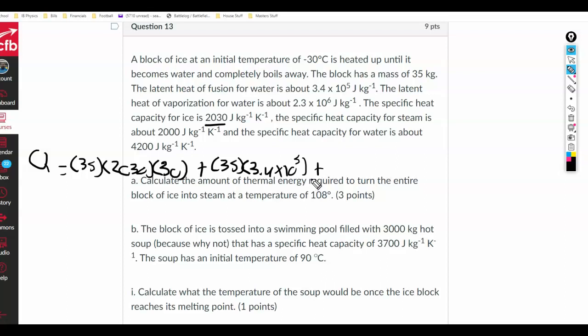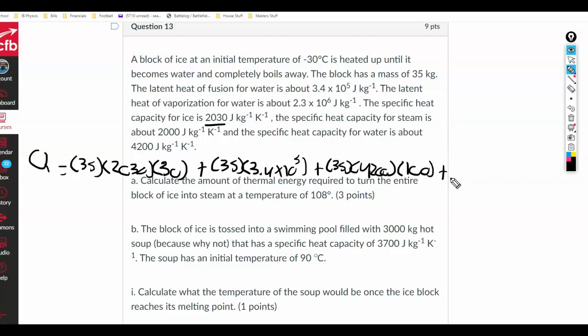It's not going to go past 100 degrees Celsius because 100 degrees Celsius is the boiling point of water. So we have mc delta T for the water stage: 3,500 times 4,200 times delta T, which would be 100.